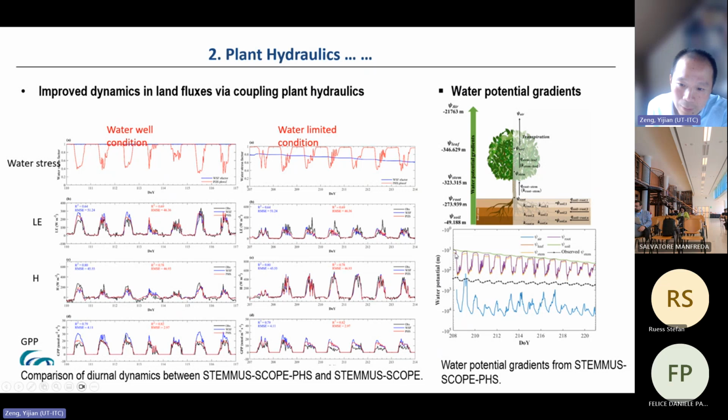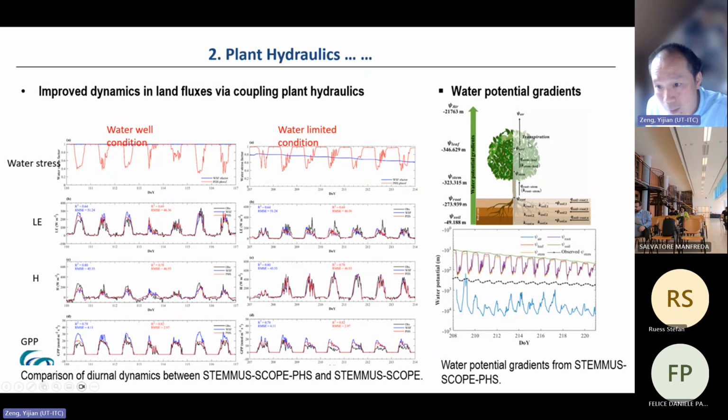And then you can plot the diurnal variation of all these water potentials. You can see that during daytime, the leaf water potential is the largest in terms of the suction, and in the soil is the lowest. As such, you have this upward water potential gradient, which enables the root water uptake.